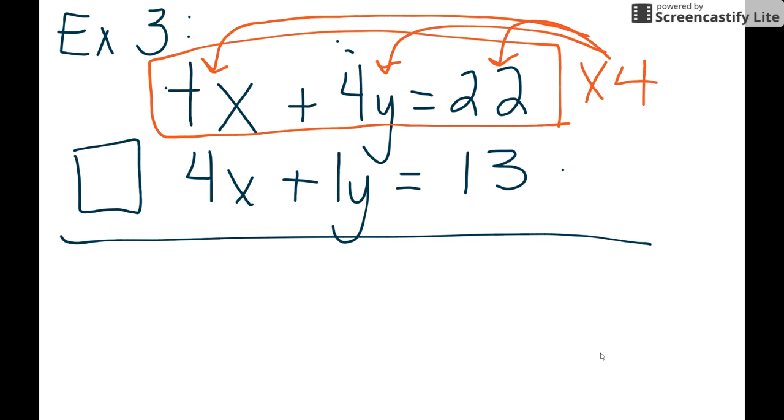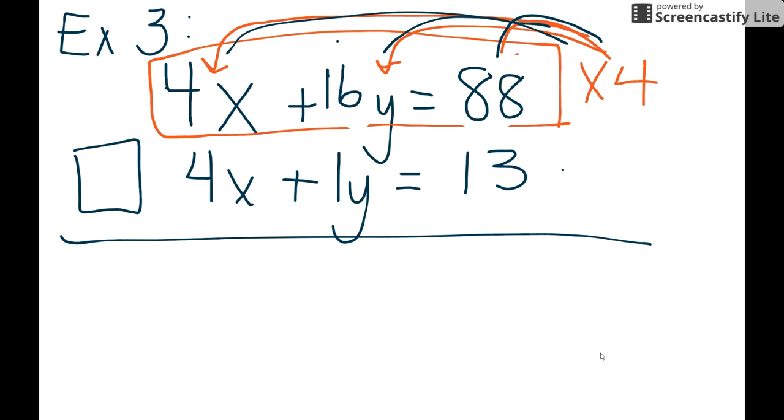So 1 times 4 is going to become a 4. 4 times 4 is going to become 16. And 22 times 4 is going to become an 88. So again, I just take the time to distribute to all of those things so I can see what's happening. And now I can see that my 4x and my 4x are going to cancel by subtraction.